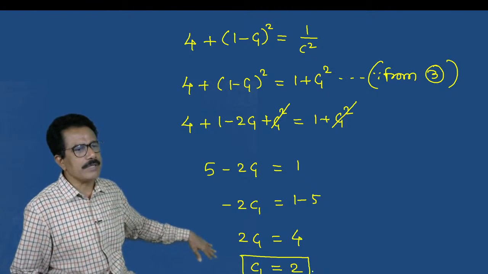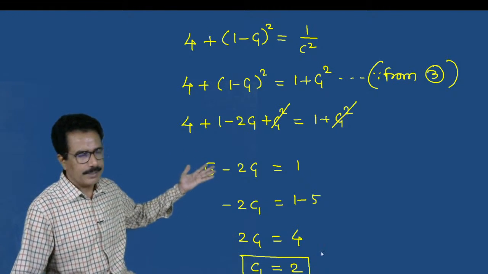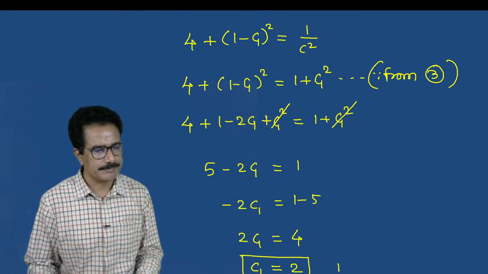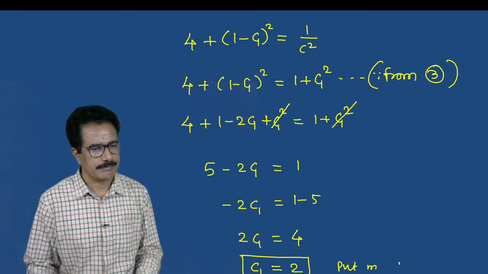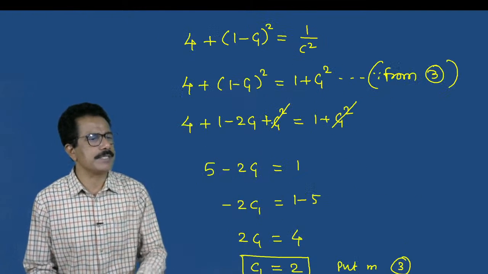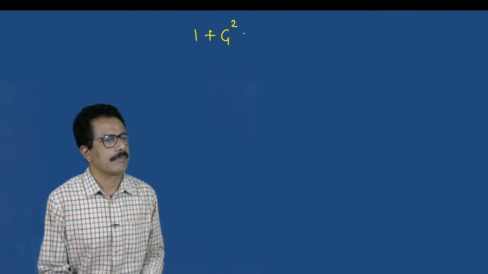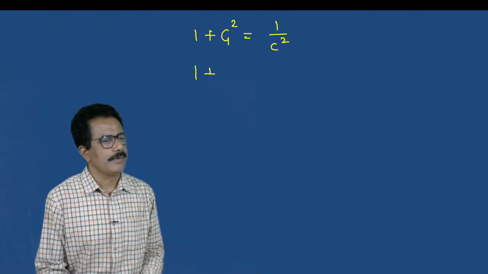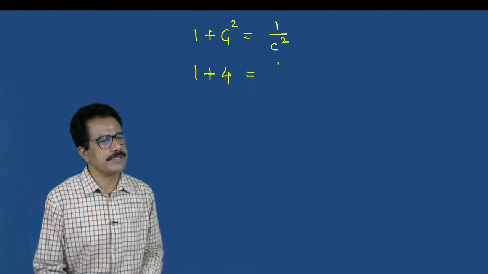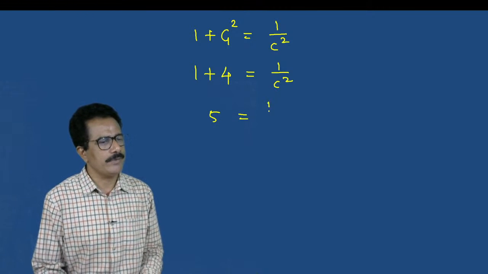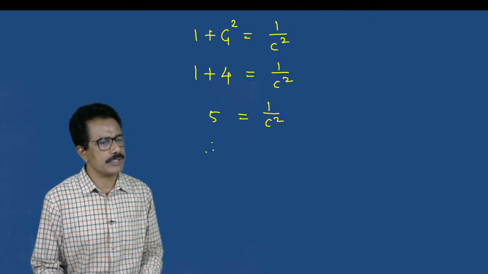So put this value of c1 in 3. What is that 3? 1 plus c1 square is 1 upon c square. 1 plus 4 is equals to 1 upon c square. 5 is equals to 1 upon c square.